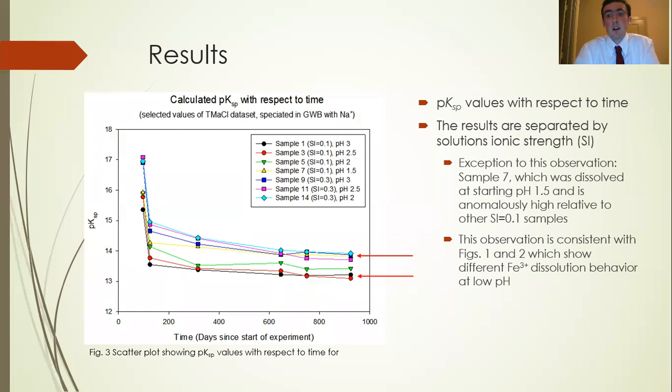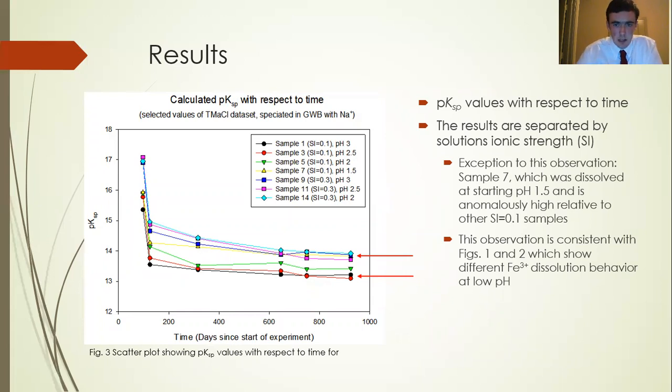experiment on the x-axis. The pKsp values start at quite different values, but by the end of the experiment, for this set of data, it was day 924, they converge into a much smaller range.